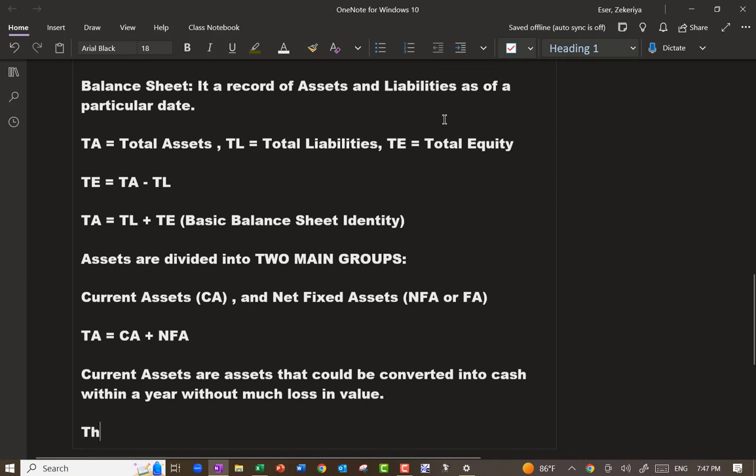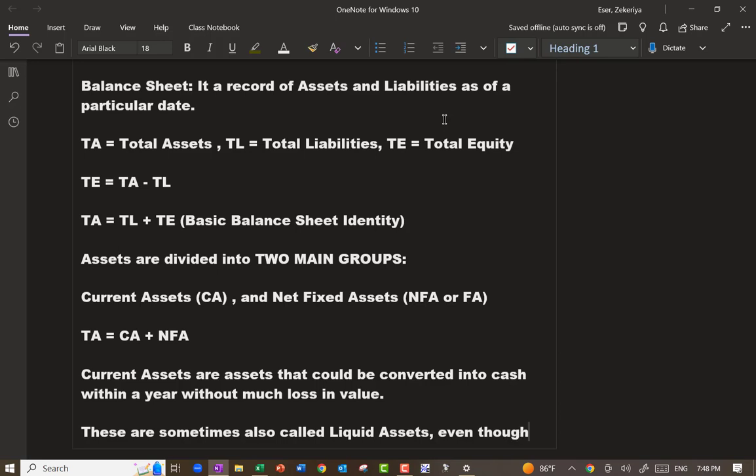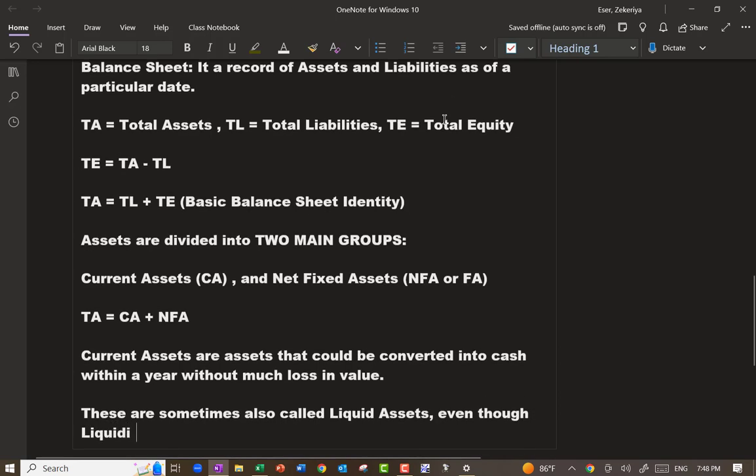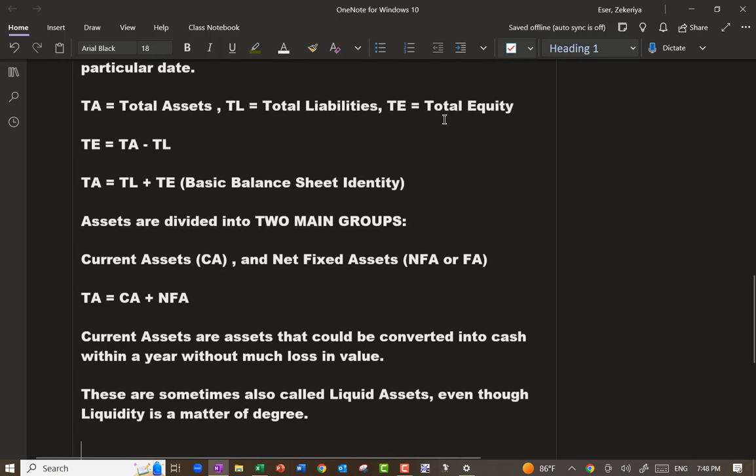Liquidity equals the speed with which one can convert an asset into cash without much loss in value.